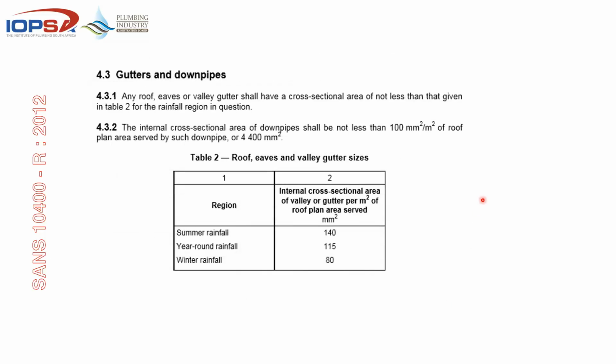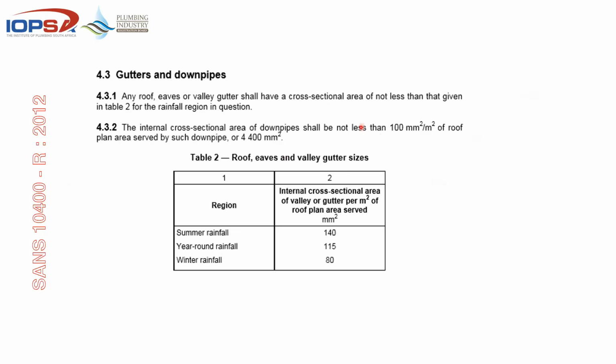So gutters, you'll see that if you do a bit of a calculation, 4,400 square millimeters, if you use an approved downpipe from an established manufacturer, they all average around 80 mil.